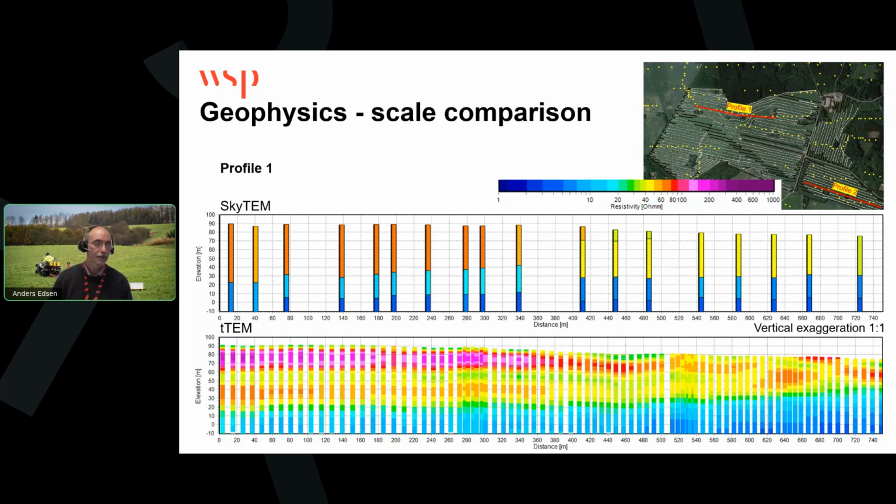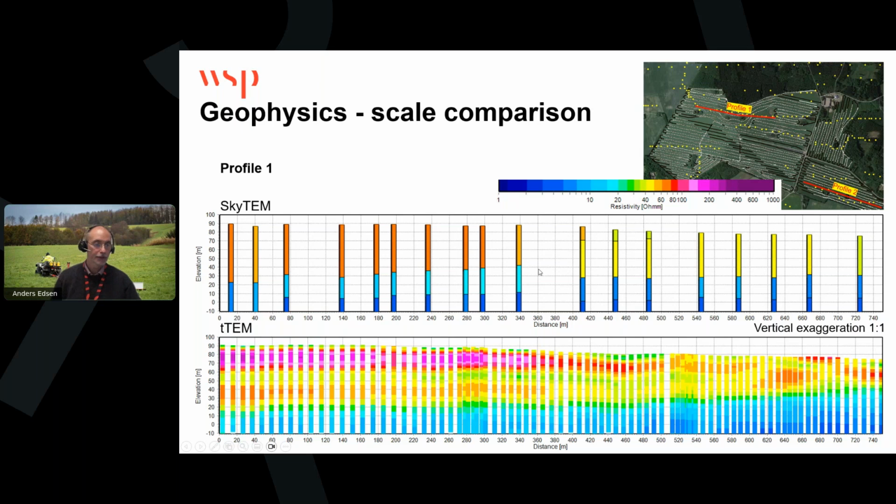So in this sequence, the SkyTEM will pinpoint a rather thick aquifer in this part, and that should be tested if this was interesting for water extraction. And in this part, you wouldn't really be looking for water because the resistivity is so low.